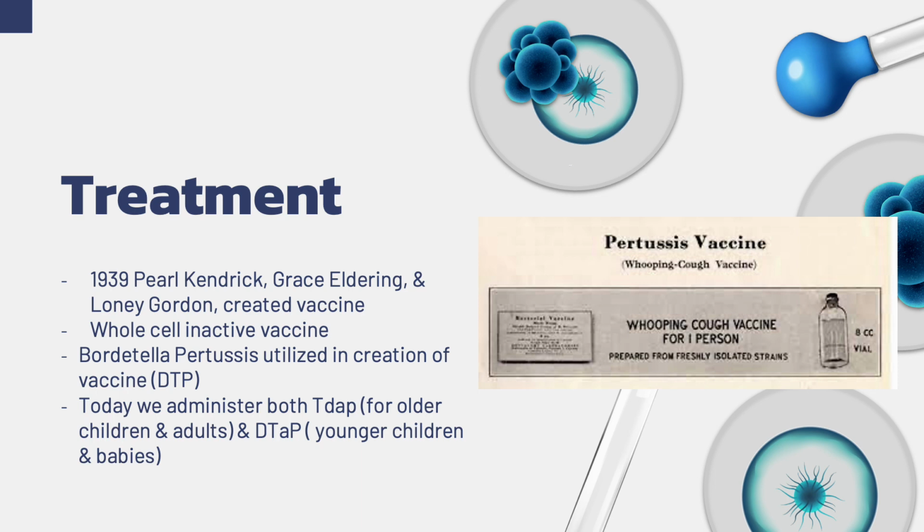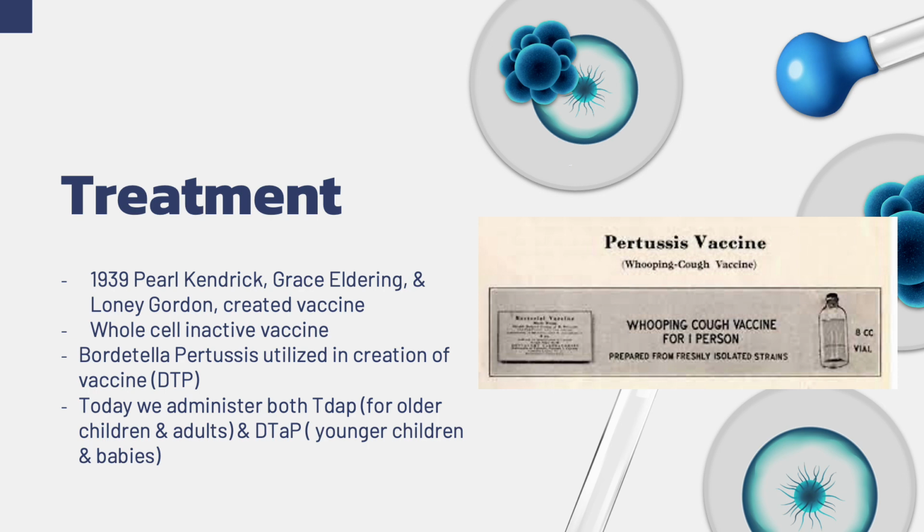The vaccine for Bordetella pertussis was created in 1939. It was actually initially created in 1915, but it wasn't as effective. The people who created the most effective vaccine were Pearl Kendrick, Grace Eldering, and Loney Gordon.